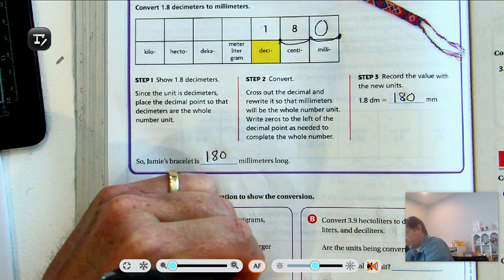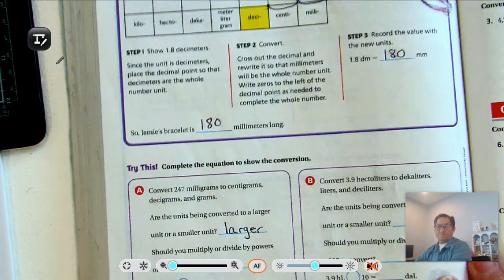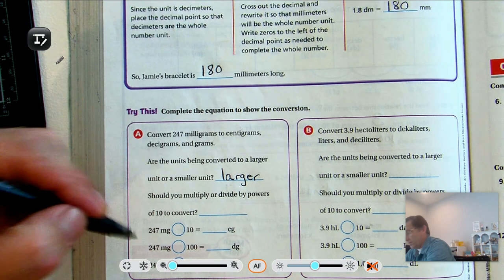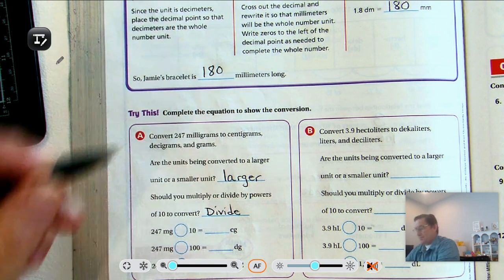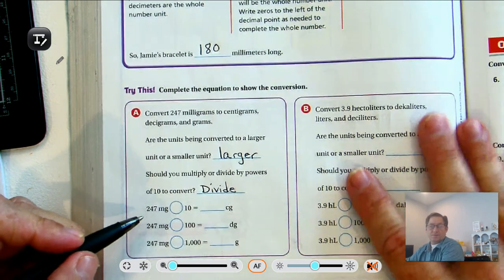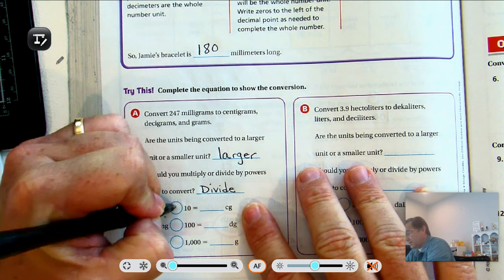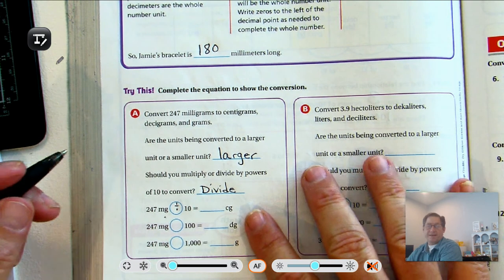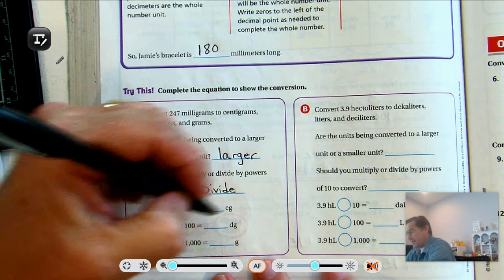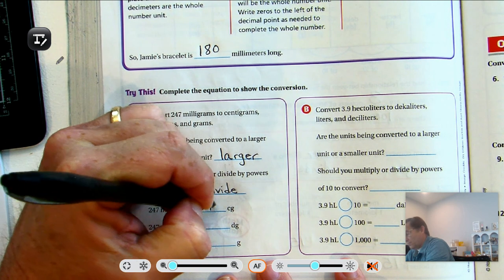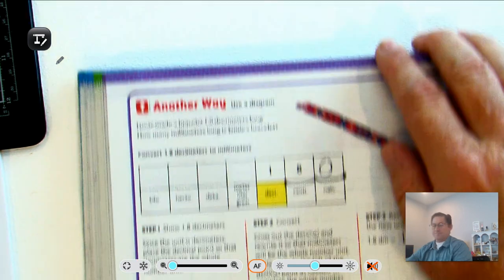They're being converted to a larger unit, and so we're going to divide by powers of 10. To change from milligrams to centigrams, it's just 1 power of 10. Centigrams are to the left of milligrams. So we'd have 24.7 centigrams. Okay.